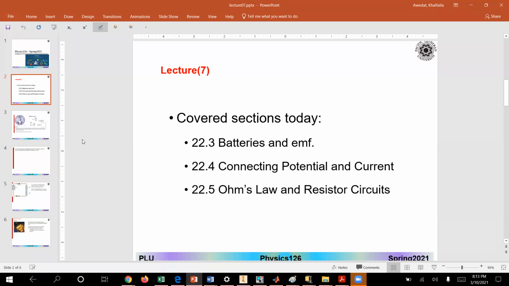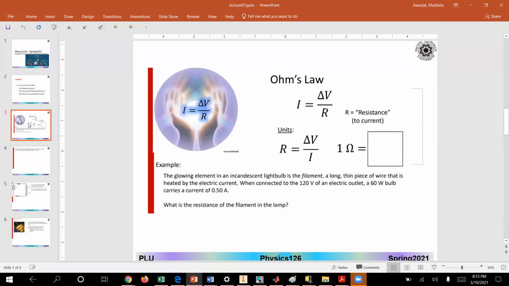The starting point is Ohm's law, which everyone has covered in the physics lab before. The main thing is to find the connection between what we covered in chapters 20 and 21. We start from a charge, and charge leads us to the electric field. From the electric field, we end up with the electric potential.